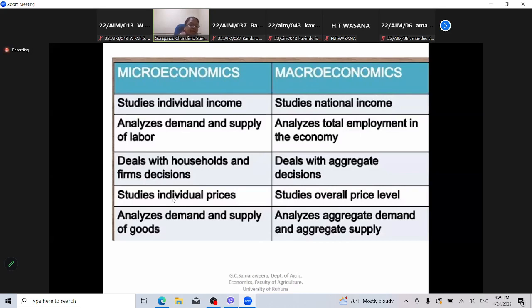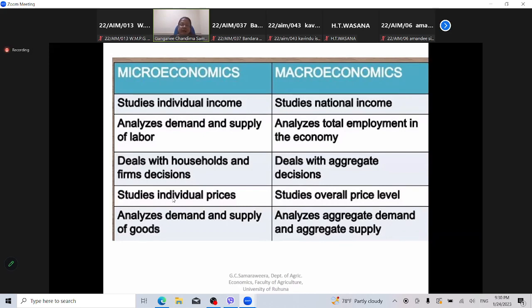In micro, especially, we analyze the demand and supply of goods. A particular good, or let's say one person's situation, we can analyze in microeconomics. But in macro, we analyze the aggregate demand and aggregate supply. That means one by one, person by person, we need to take demand and get the aggregate or total value, that is the total demand for this particular product.